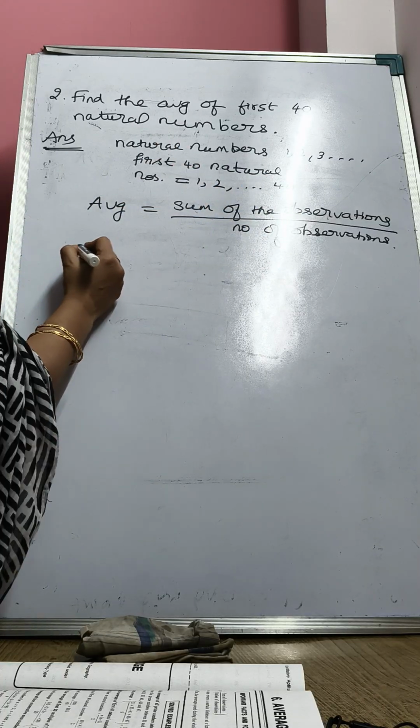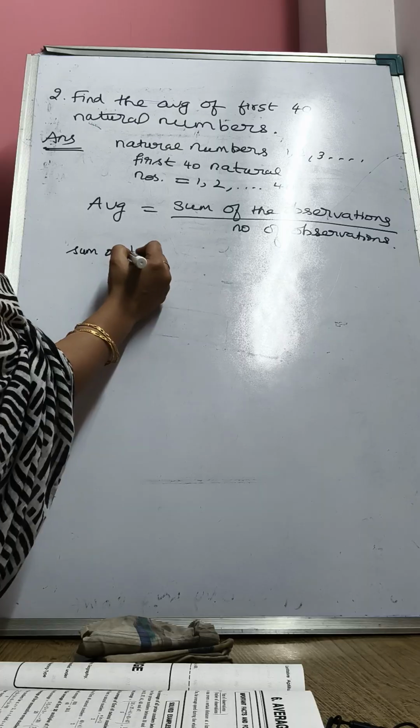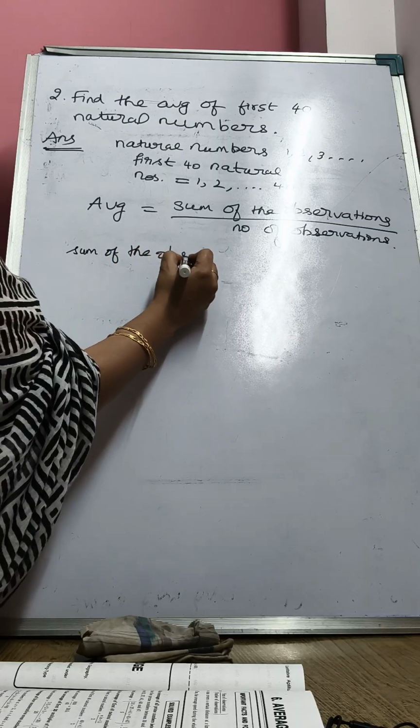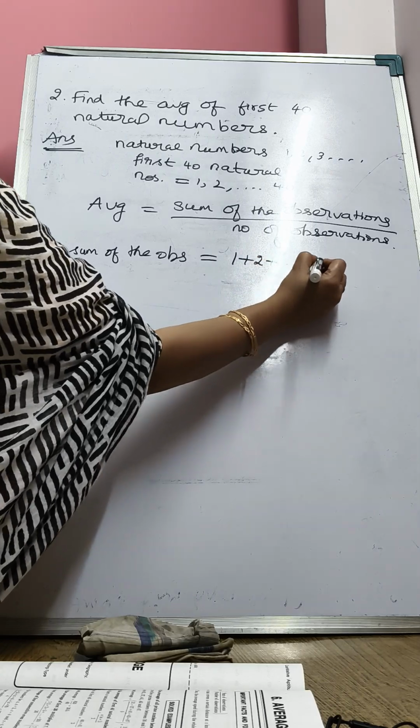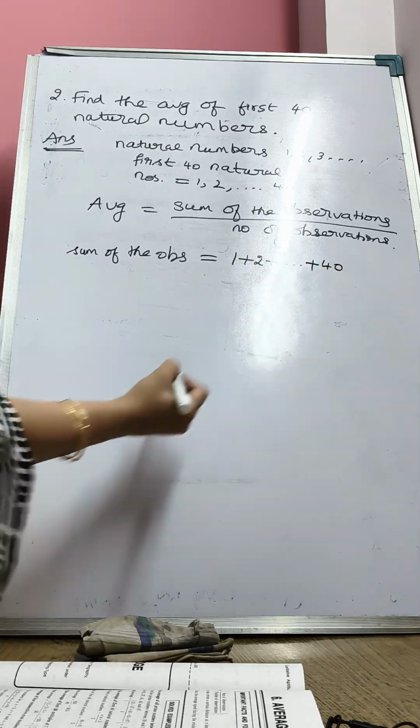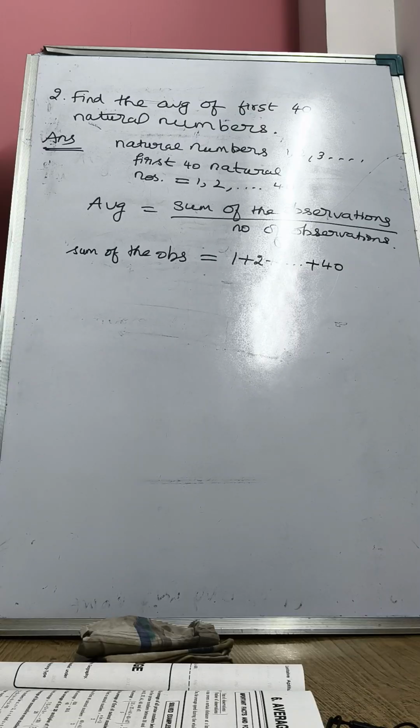Let us first find the sum of the observations. 1 plus 2 plus, so on, up to 40. I have to add all the numbers. Only then I will get the sum of all the observations.